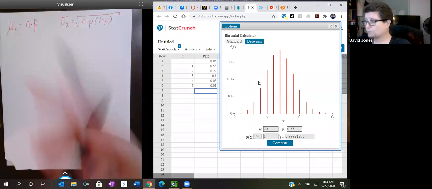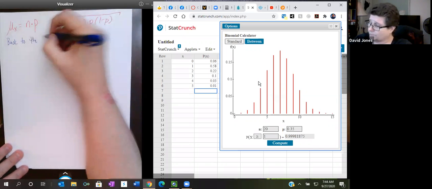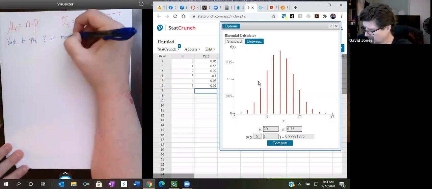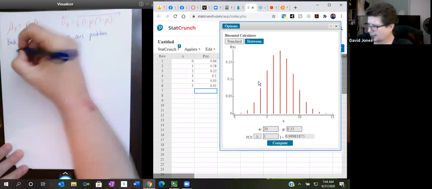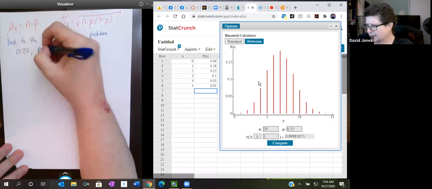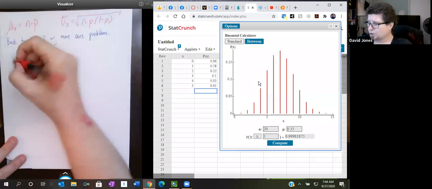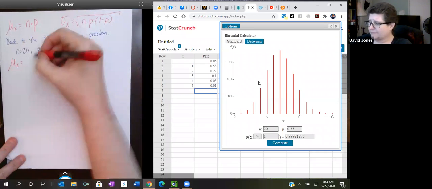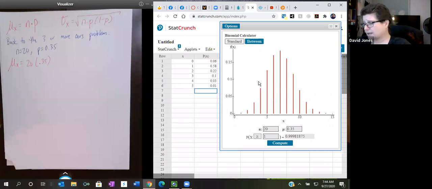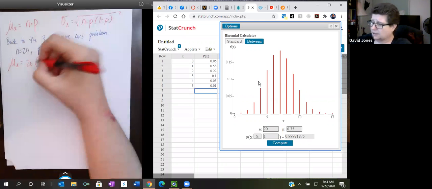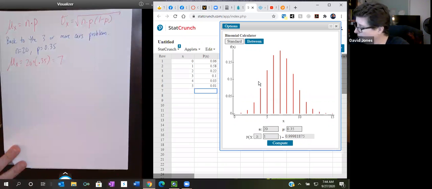So back to the homes problem, back to the 3 or more cars problem. n equaled 20, p equals 0.35. Mu of X, the mean of the random variable X, is 20 times 0.35. And that should be 7, I believe.